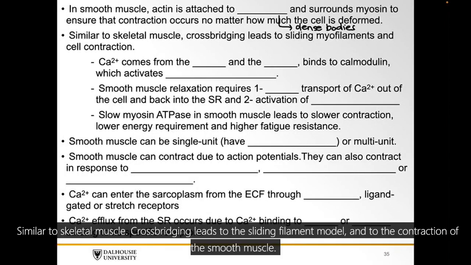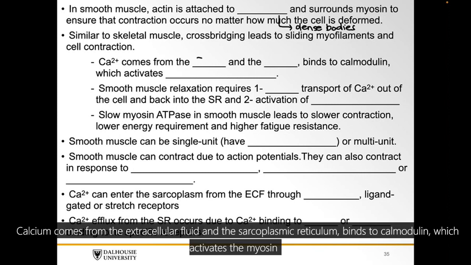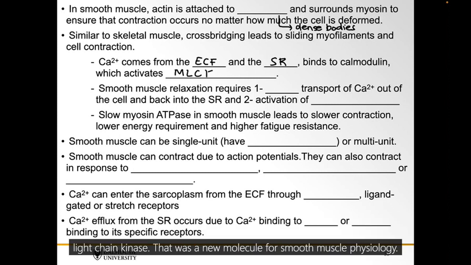Similar to skeletal muscle, cross-bridging leads to the sliding filament model and to the contraction of the smooth muscle. Calcium comes from the extracellular fluid and the sarcoplasmic reticulum, binds to calmodulin, which activates the myosin light chain kinase. Okay, that was a new molecule for smooth muscle physiology.